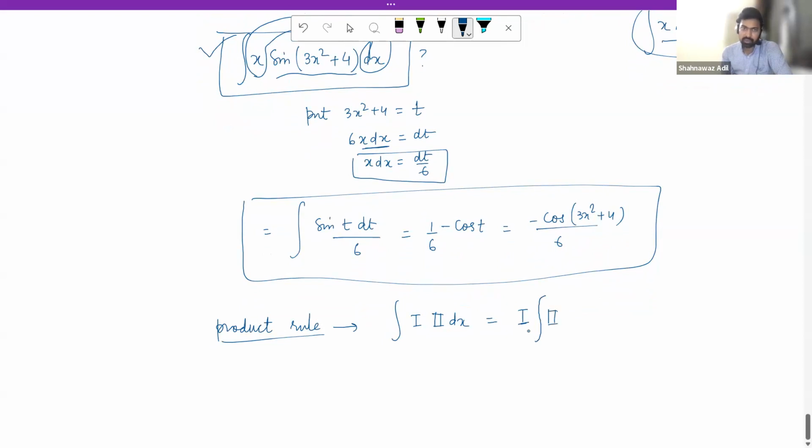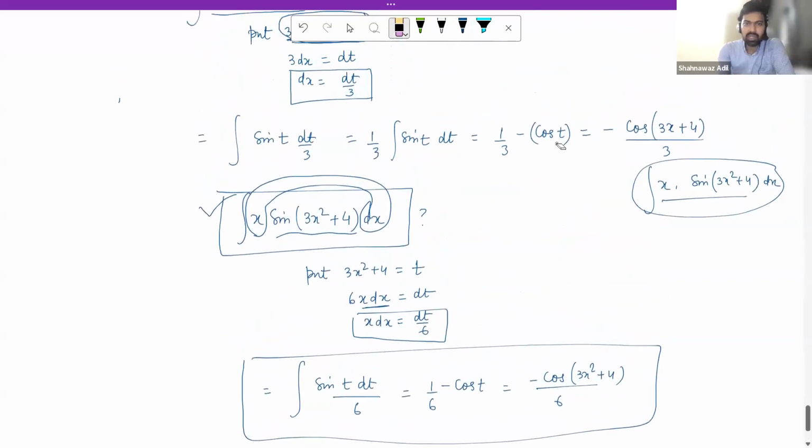Then this will become a very lengthy one, right? And then you subtract the differentiation of 1 and then you integrate the second one, right? So this one is a very complicated one, so we should leave it there. Up to this point, is it clear? Yes, sir.